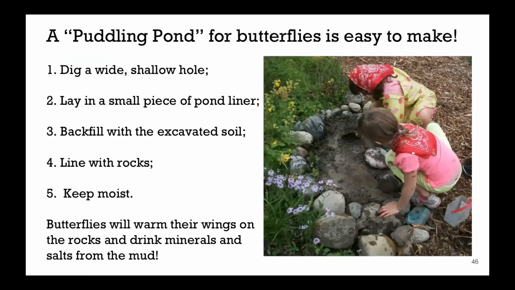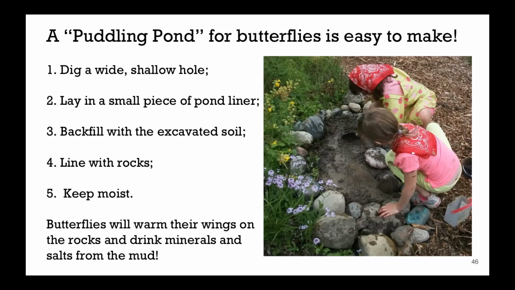Something you can build for butterflies, since they like to drink out of mud puddles to get the minerals out of the soil, is you can use a pond liner or even just a big saucer and dig a hole, backfill the pond liner or the saucer with the soil, and line it with some rocks.